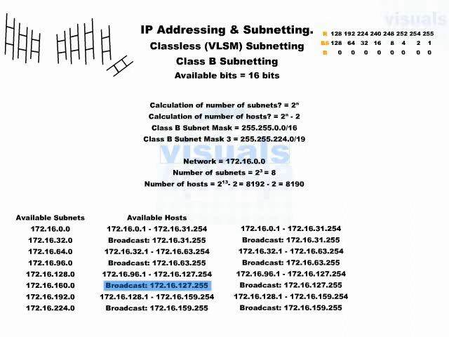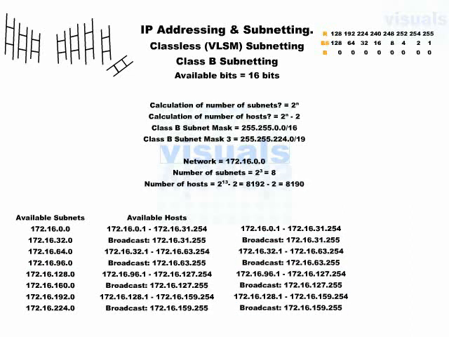Now the broadcast address for this network is 172.16.127.255. Now the next network is 172.16.128.0. Valid addresses for this network are not mentioned here in the list on the right side, and these are repeated again, so do not consider these address ranges.